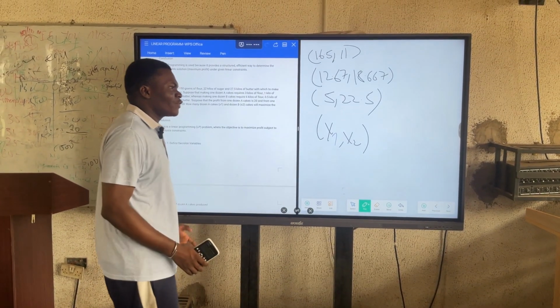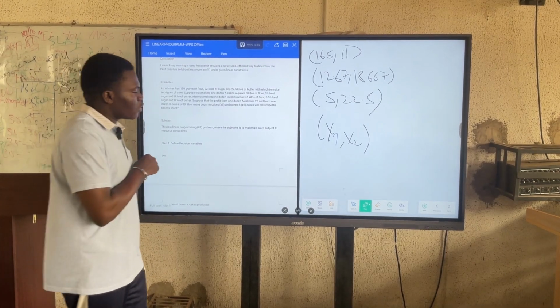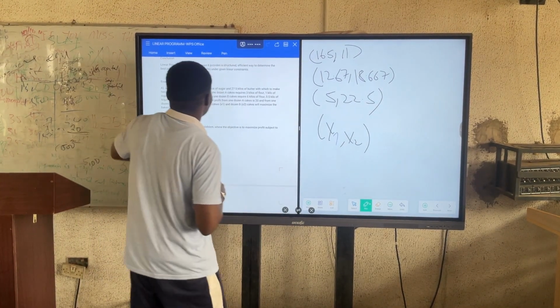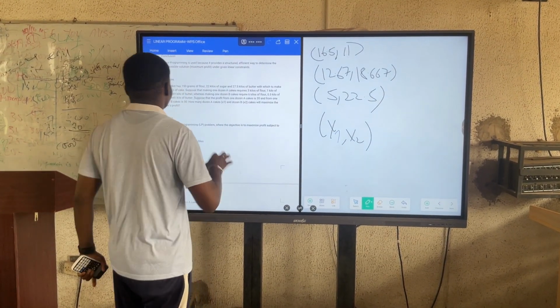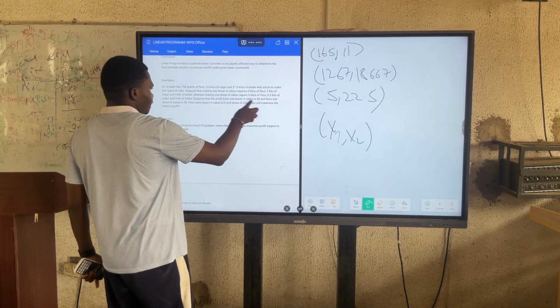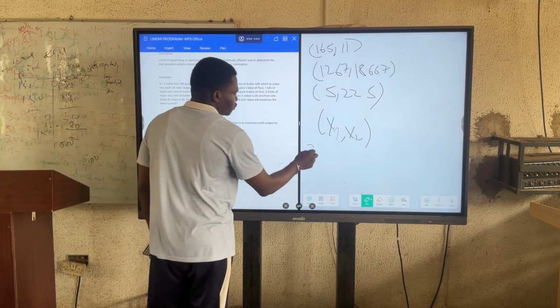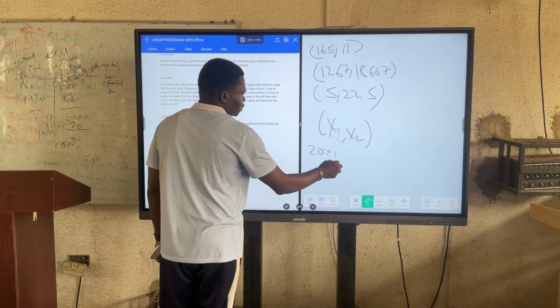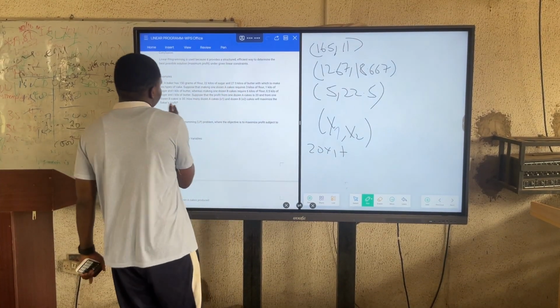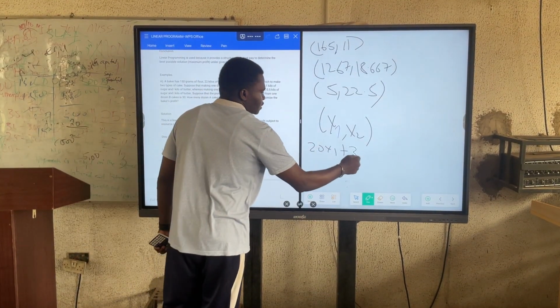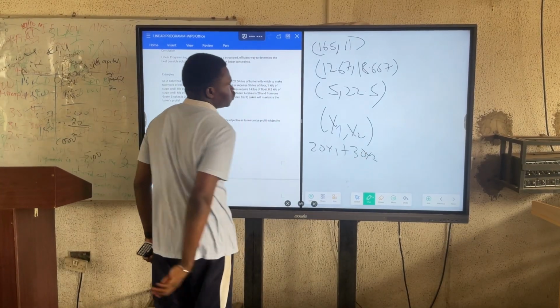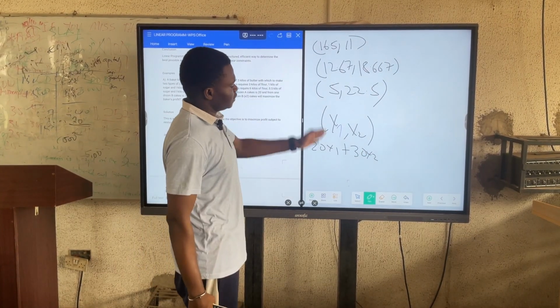So to get my profit function, if you recall, my profit function here was 20 for A cakes. Since A is x1, 20x1 plus 30 for B cakes, that's 30x2. So I'm going to substitute each of these here.